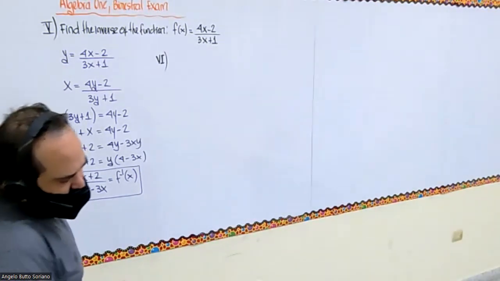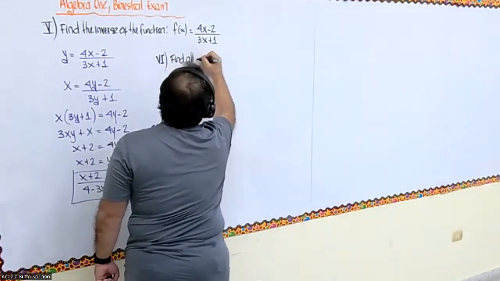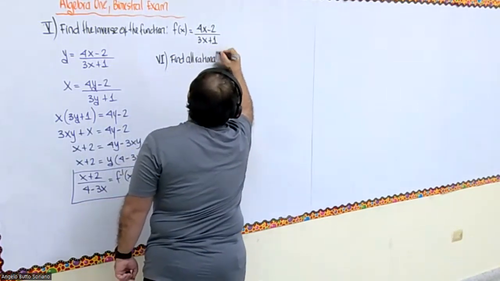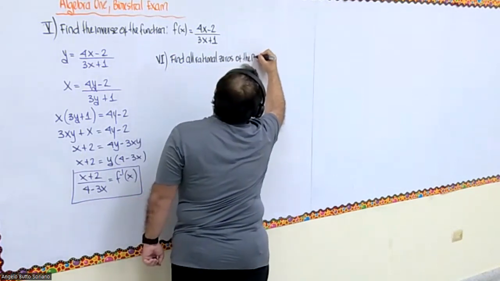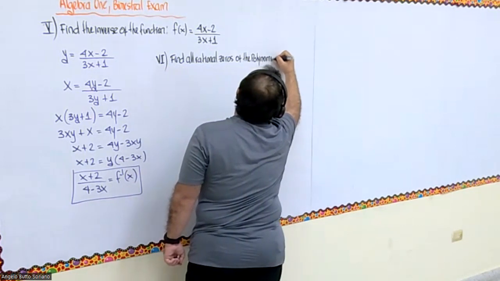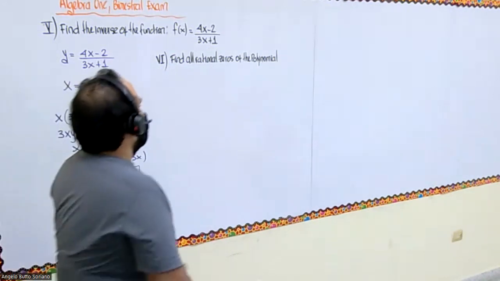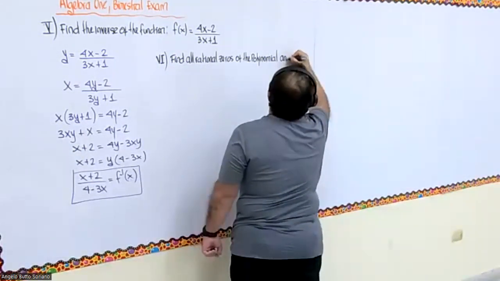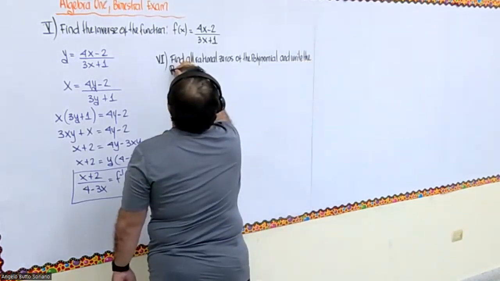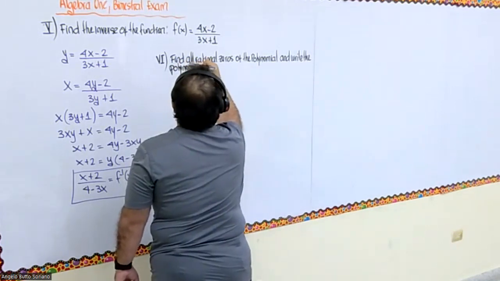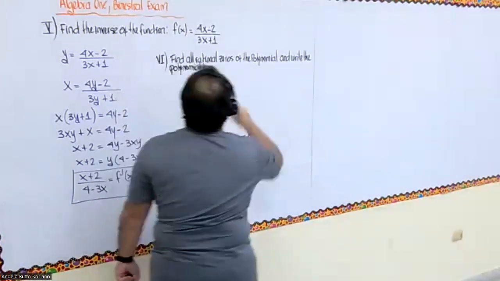Find all rational zeros of the polynomial and write the polynomial in factor form.